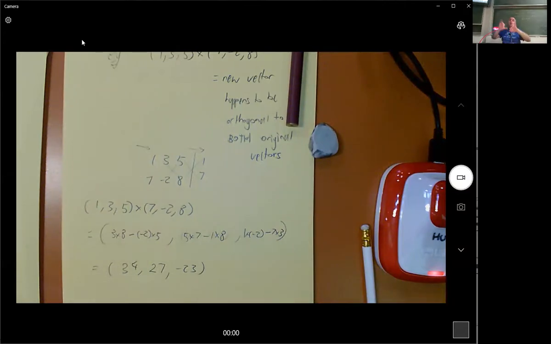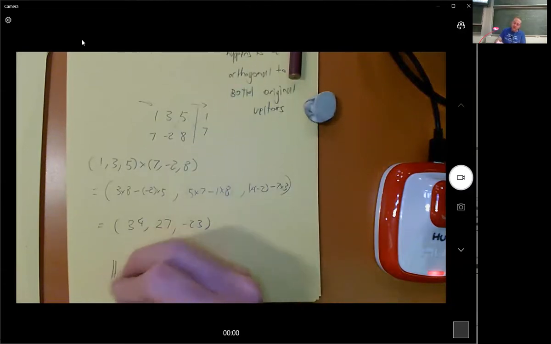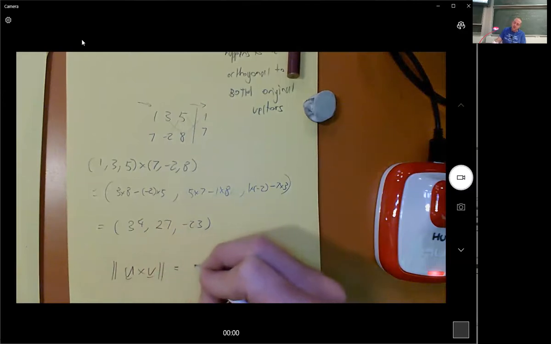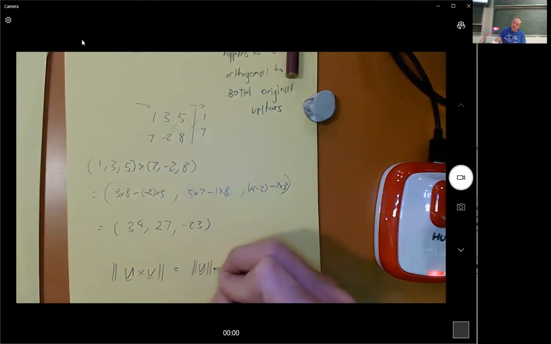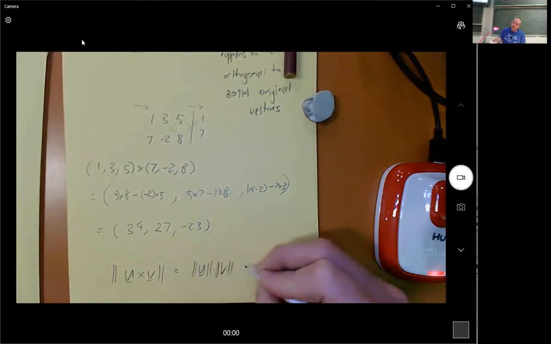Long vectors tend to produce longer cross products, in the same way as big numbers, when you multiply them, produce even bigger numbers. It's the same idea. And there's this rule that says that the length of the cross product is the same as the two lengths multiplied together and then times the sine of the angle between them.